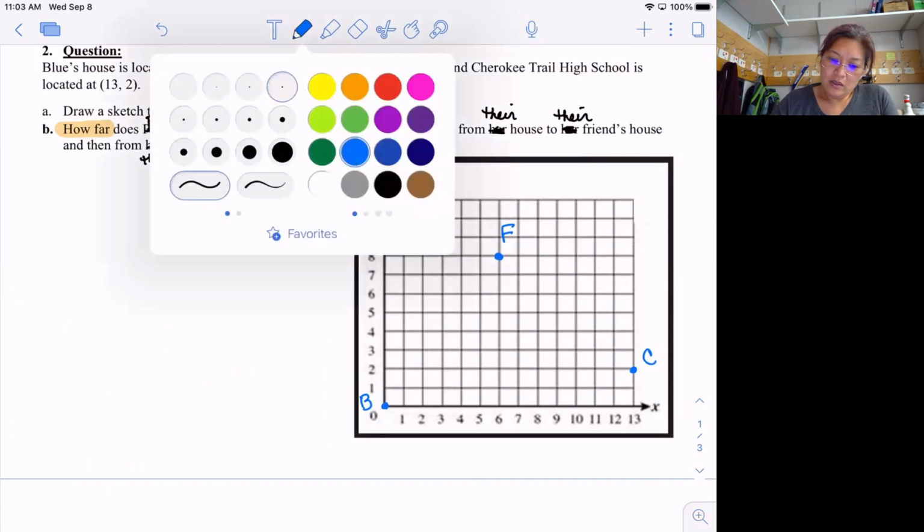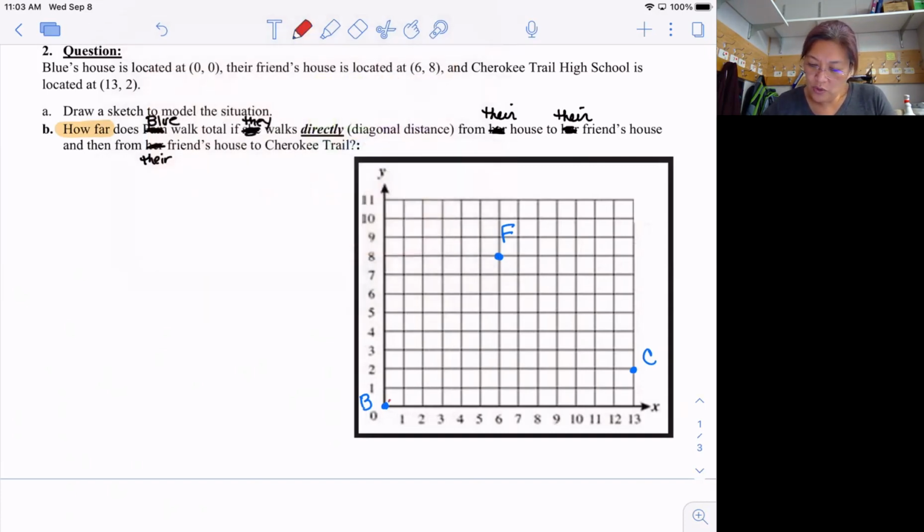All right, so let's draw that. Blue to the friend's house. Ooh, I don't like that line, sorry. Y'all know me. So we want to find this distance from Blue's to the friend's house. Does this remind us of anything we've done in the past? You're right.